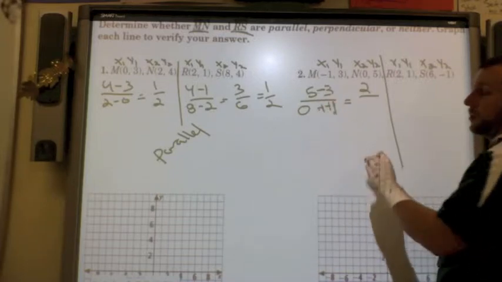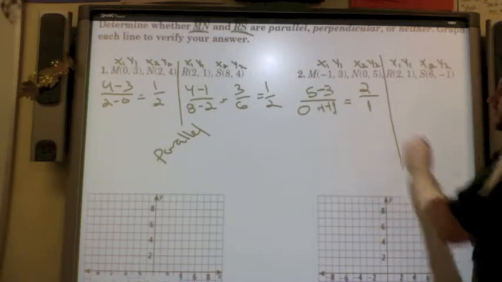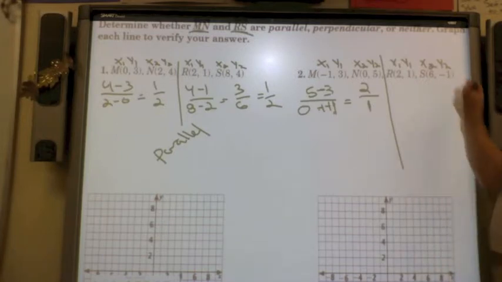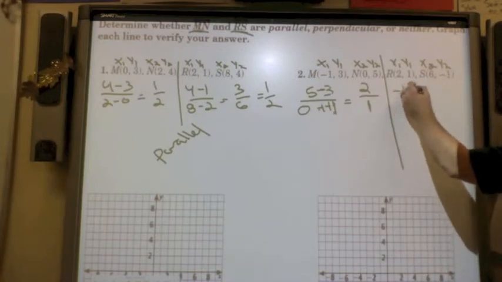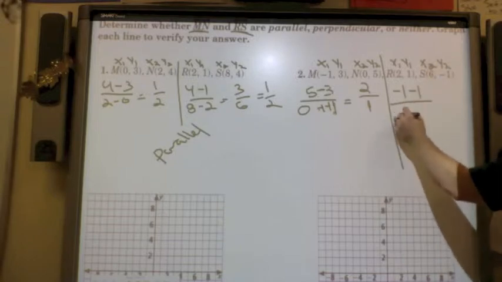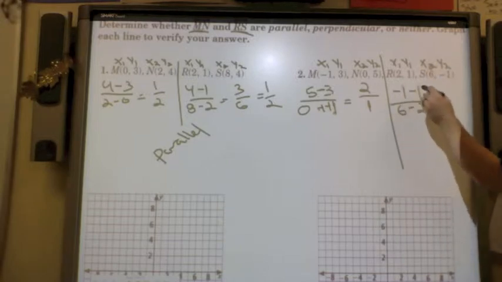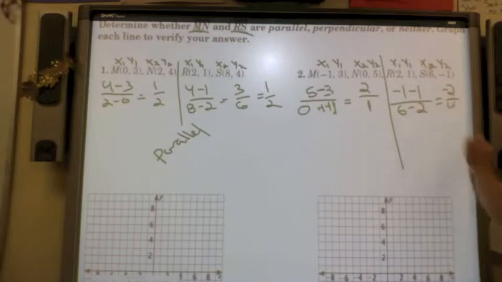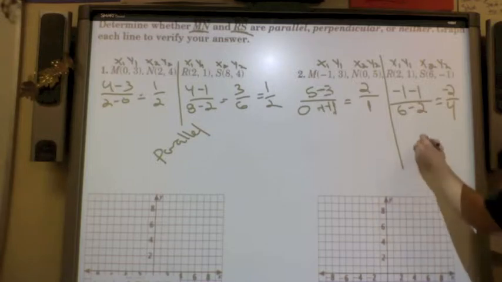Double negative becomes a positive. 2 over 1. Here, negative 1 minus 1 over 6 minus 2. Negative 1 minus 1, negative 2 over 4. Negative 2 over 4, that can be reduced down to negative 1/2.